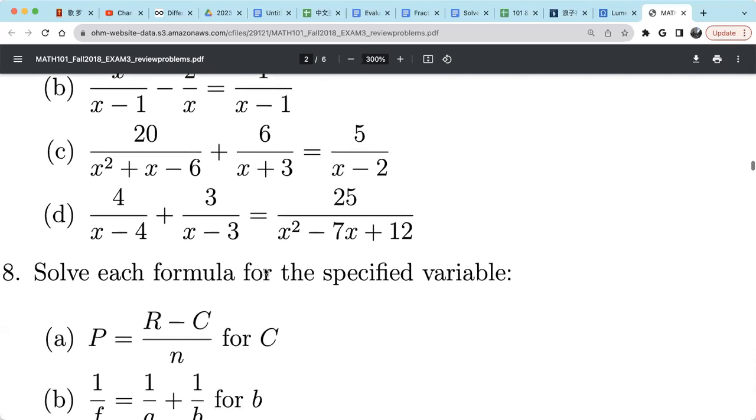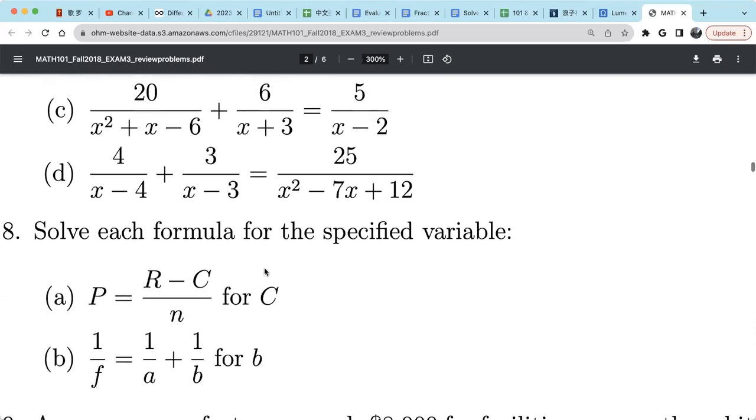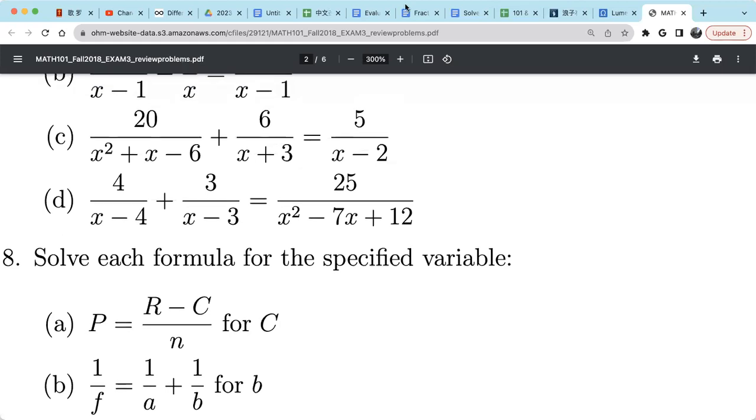Now let's see C. Maybe let's multiply. Oh, I have to lower this one a little bit. Okay. C, we observe x squared plus x minus 6 can be factored as x plus 3 and x minus 2, right?